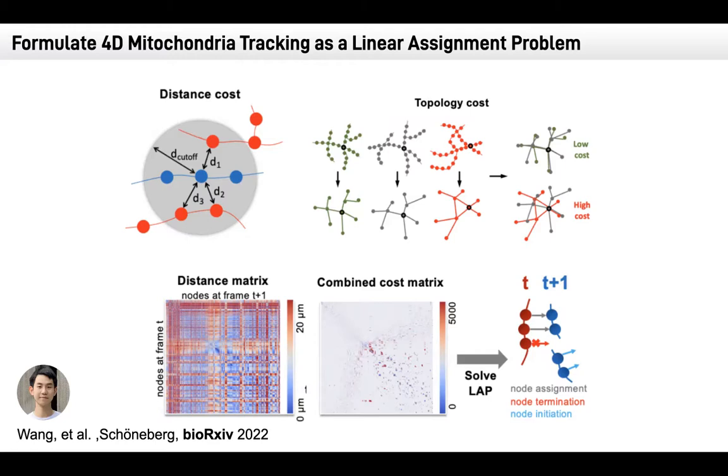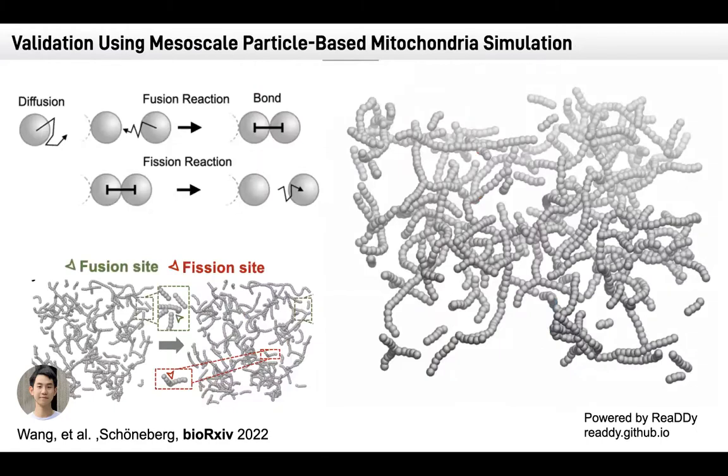This sounds great, but the question is, how are you going to know if what you build is actually accurate? This is where the simulations come into play again. We used READY. This time, the individual particles are no longer individual proteins, but subunits of a mitochondrion.